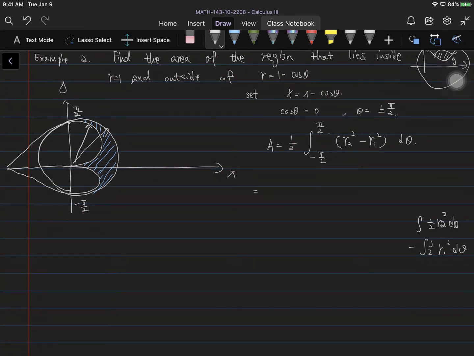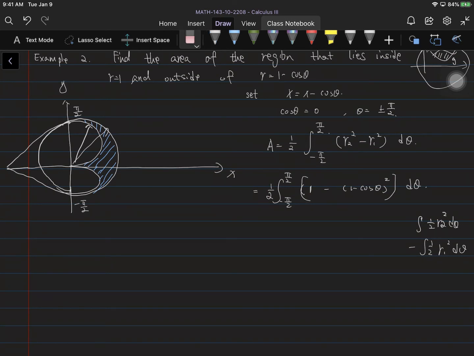And let's change them into r2. What is r2? r2 is the outside one. Who is the outside one? That is the circle, which is r equals 1. And r squared is also 1. Okay. And what is r1? That's inside, which is 1 minus cosine theta, squared. Okay. And d theta.